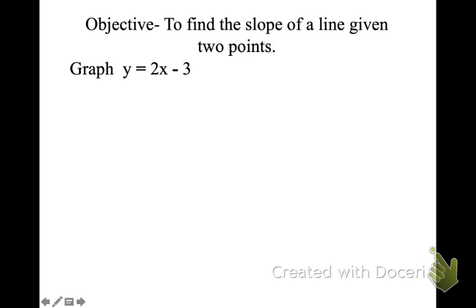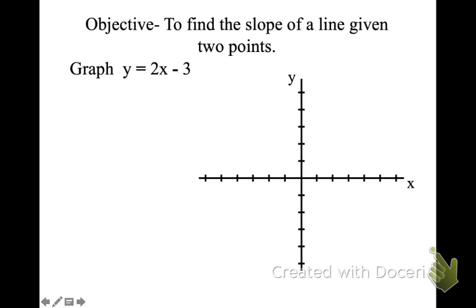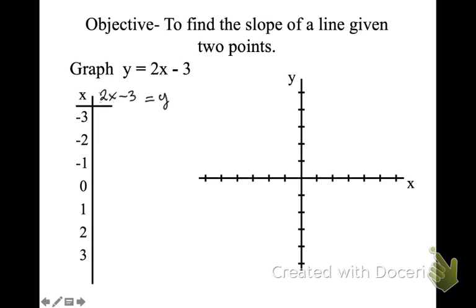So when we graph y equals 2x minus 3, and we create a table, we set up a table and we choose 3 x's. I substitute in for the x. Usually I have you write 2x minus 3 equals y.